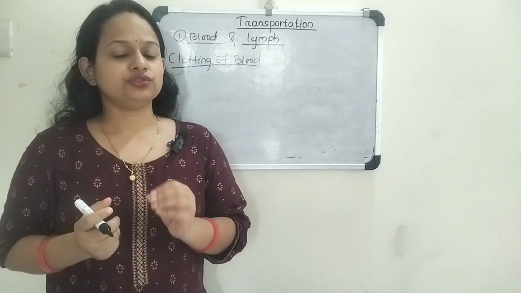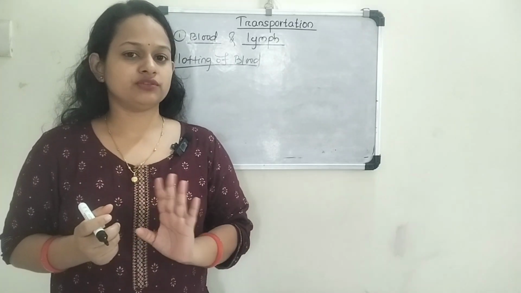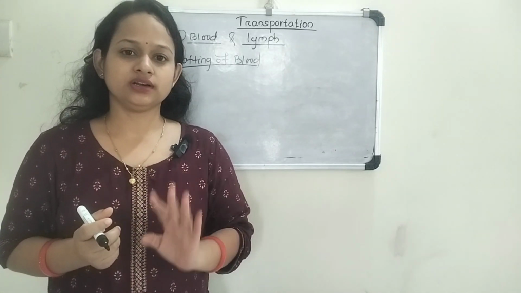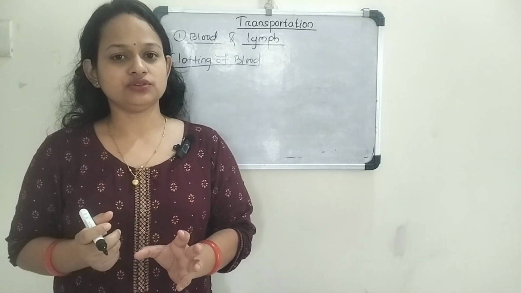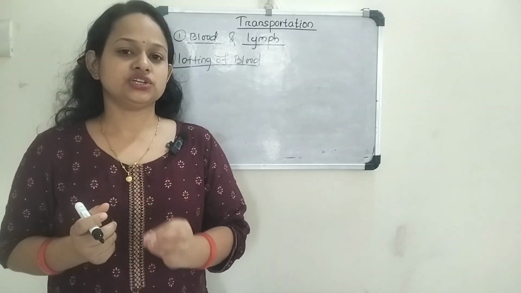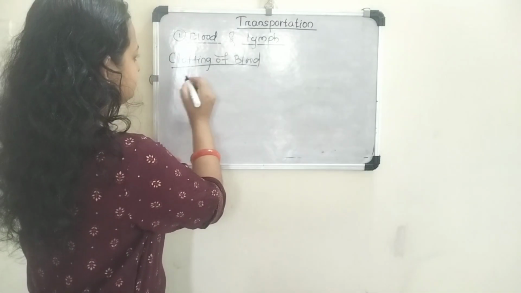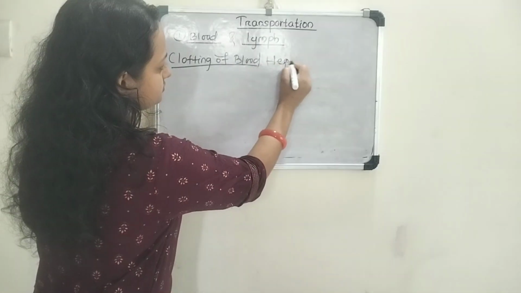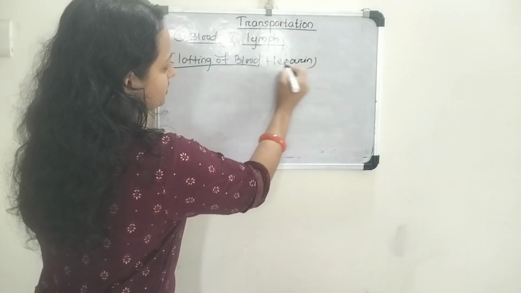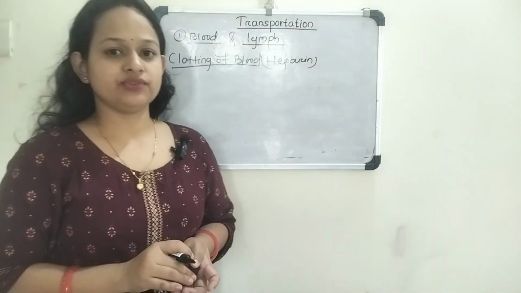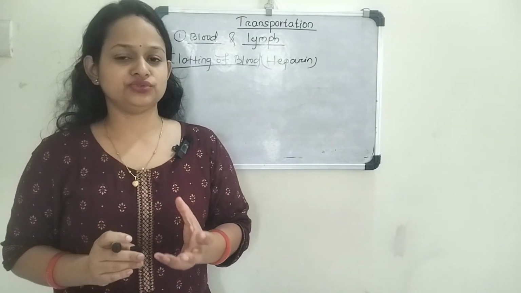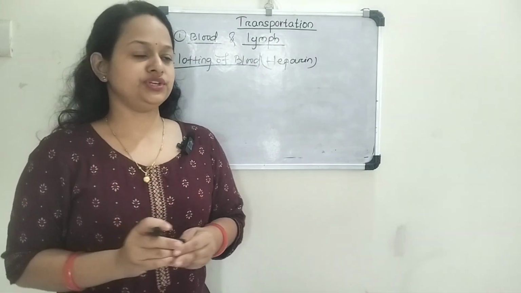And the blood, when it flows through the blood vessel, does not clot because of the presence of the natural anticoagulant, heparin, which is also known as antiprothrombin.